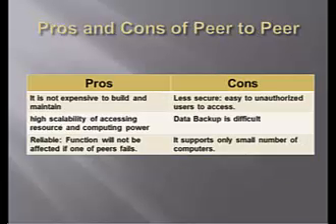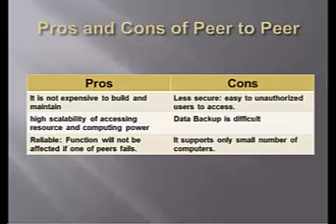The advantages and disadvantages of the peer-to-peer style. Advantages: it is not expensive to build or maintain. The ability to access resources and computing power. Reliable: function will not be affected if one of the peers fails.